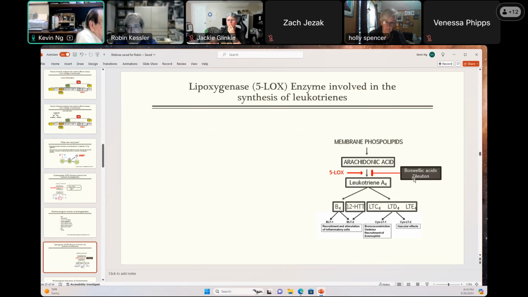The first antagonist to that is called zileuton, which is almost the equivalent of aspirin. Again, clinical studies show that it causes toxic effects on the liver, so that was taken down. But then I came onto the scene. I said, why don't we use boswellic acid? This will give us a natural compound with very little side effect.